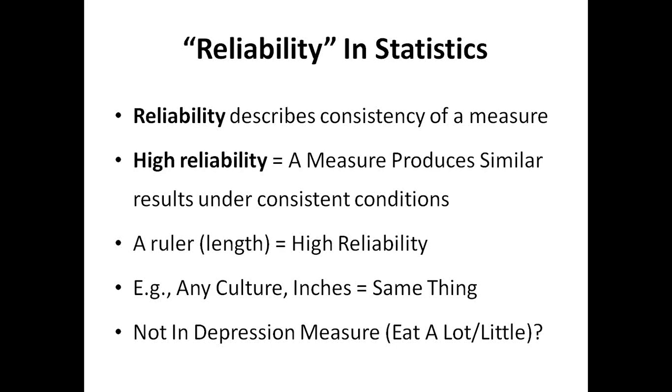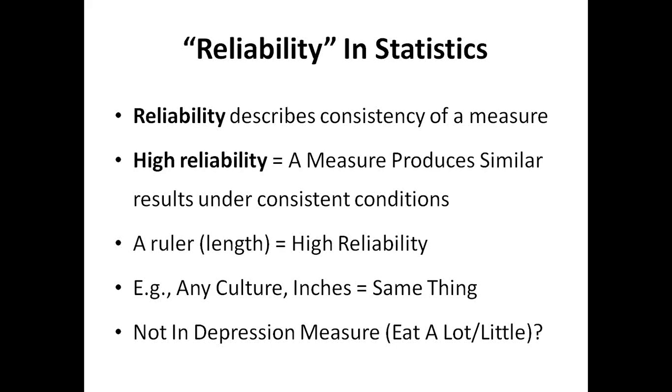Now when we talk about depression, you don't even have to go between cultures, just between people. Many times measures of depression might not be as reliable. For example, what if we wanted to measure depression by looking at changes in eating patterns? Somebody might say, if somebody stops eating, then they're depressed, because when I'm depressed, I stop eating.